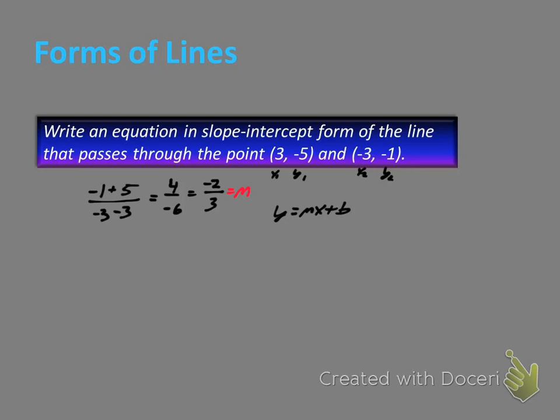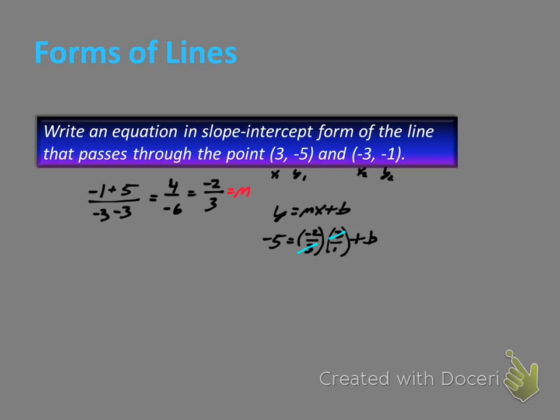All right, so I'm going to pick (3, -5), just to keep signs somewhat tamed. So -5 equals, my slope is -2/3 times 3 over 1, and you're solving for b. This kind of goes back to what I said last week about fractions with the pretest. Remember that?